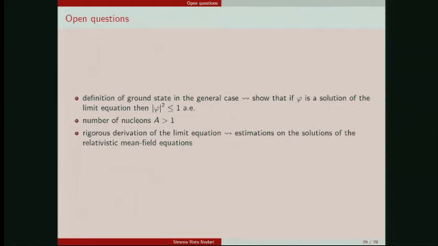Next, we have to treat the case of A bigger than 1. And finally, we have to give a rigorous derivation of the limit equation, but for this, we need some a priori estimates on the solution of the relativistic field equations. And thank you very much for your attention.